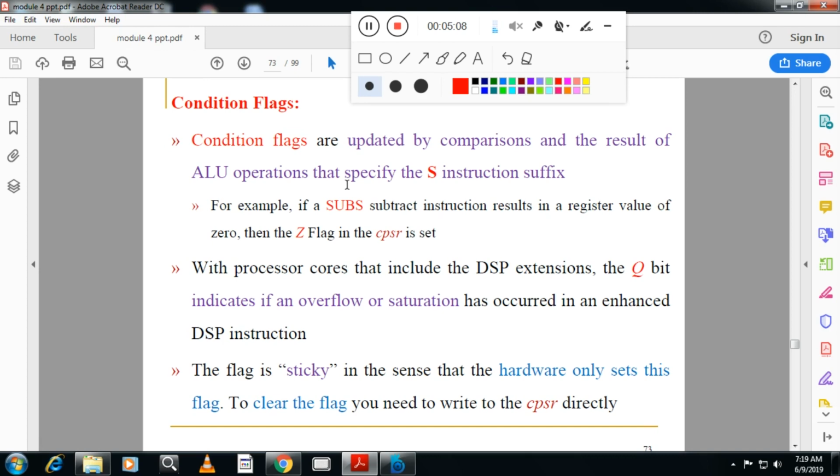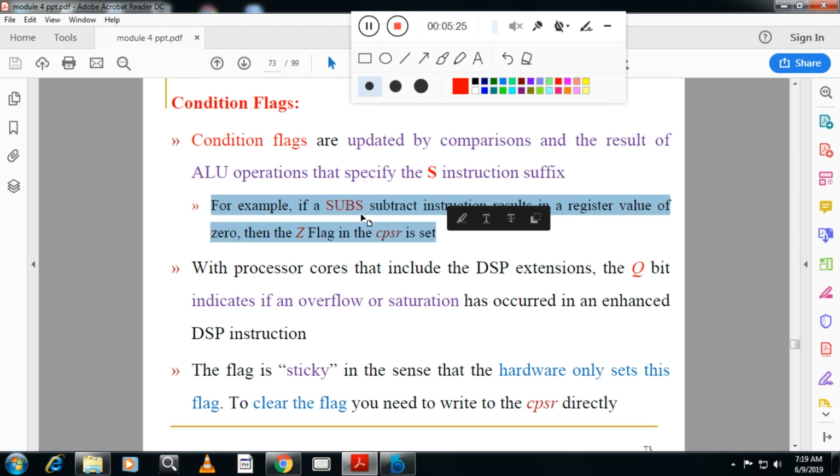For an ALU operation, you specify the S instruction suffix. For example, for the sub instruction you can write SUBS. SUBS indicates that if the subtract instruction results in a register value of 0, then the zero flag in the CPSR is set. Please remember, if you don't add the S suffix to sub or add or whichever instruction changes the status of the flag, then that instruction will not change the status of the flag.